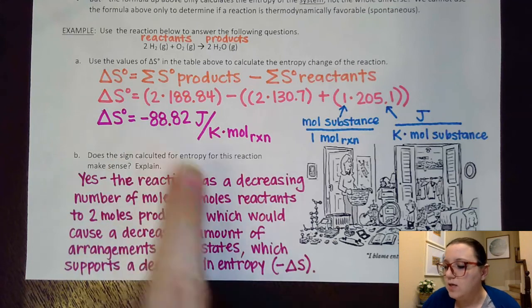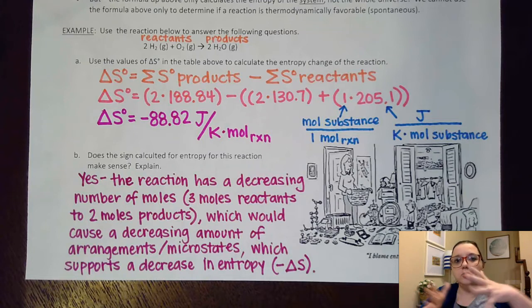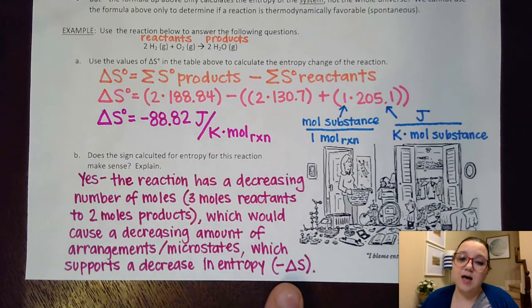This is only the entropy change of the system. So even though I want entropy to increase, there must be a huge increase that's occurring in the surroundings because I have a decrease happening in the system, even though I know this is thermodynamically favorable. So again, you have to be careful here because I can't use just what's going on with the system in order to determine thermodynamic favorability. I really need a little bit more information. And so that's what we'll see in our next video.